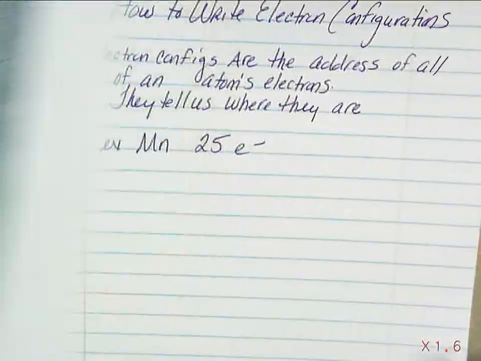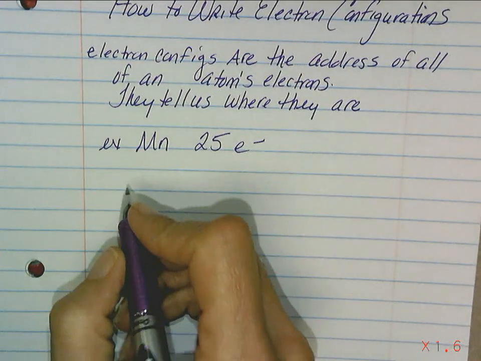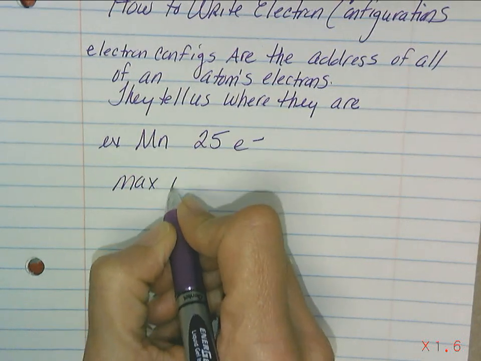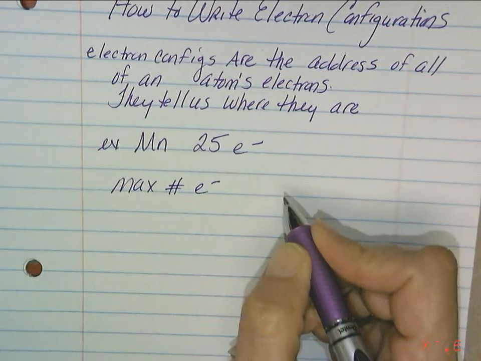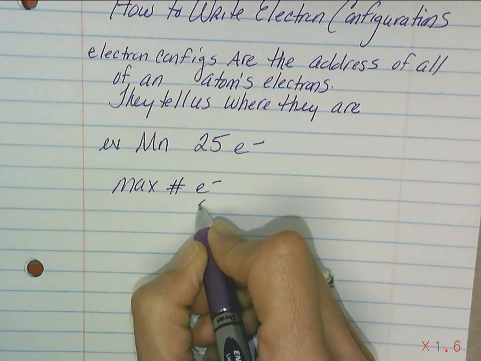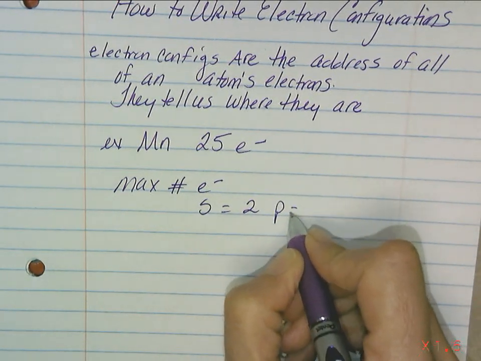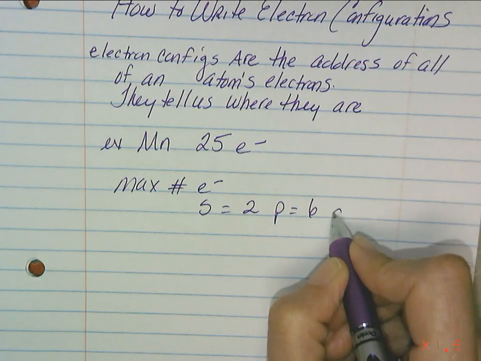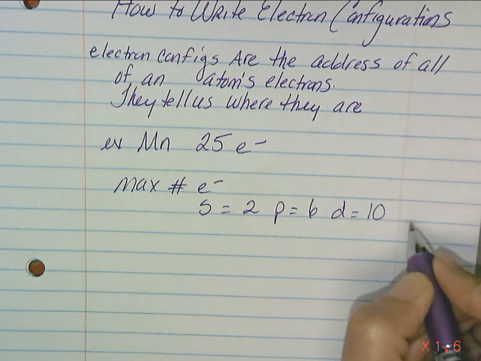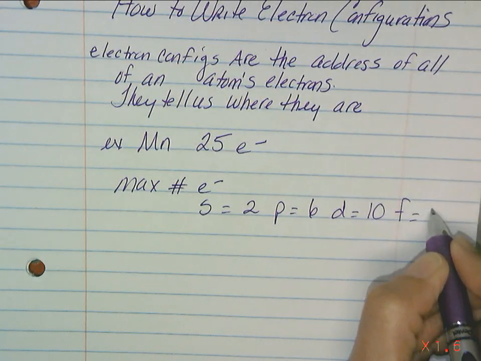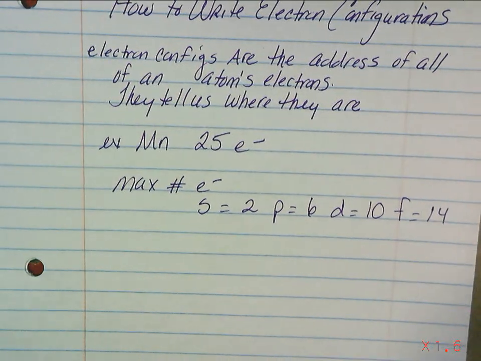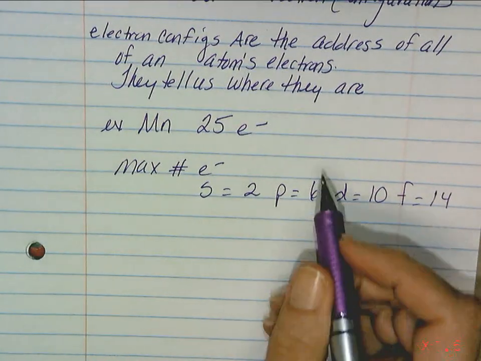Sounds like I need to review. Okay, the maximum number of electrons you can put in s is 2. In p, 6. In d, 10. In f, 14. You might be wondering why.